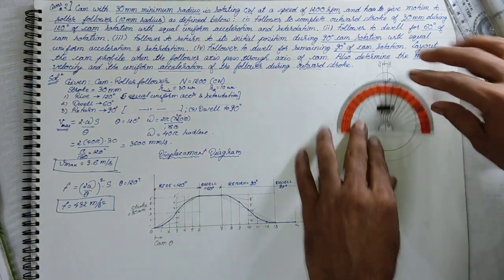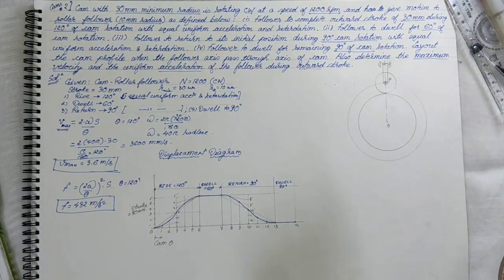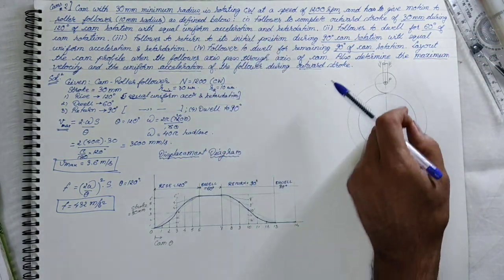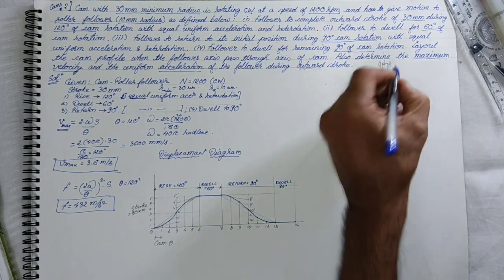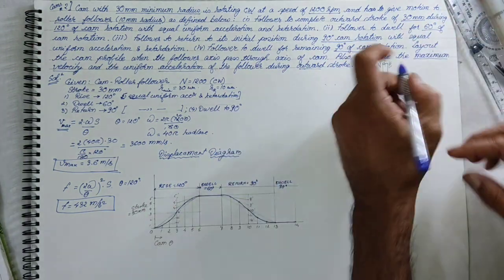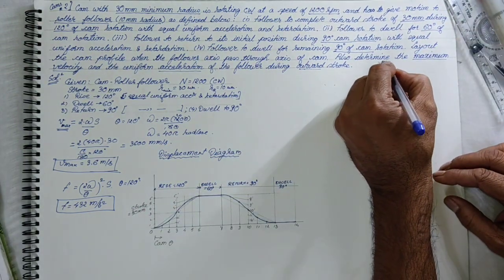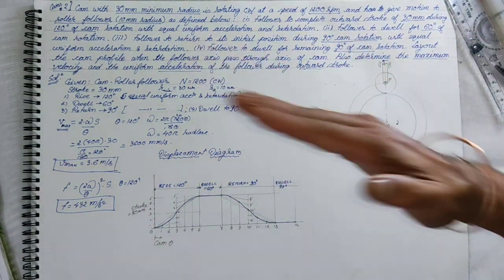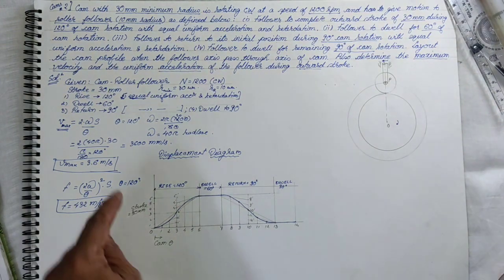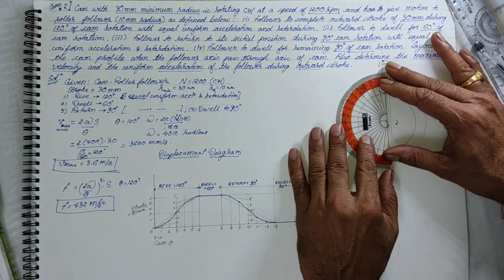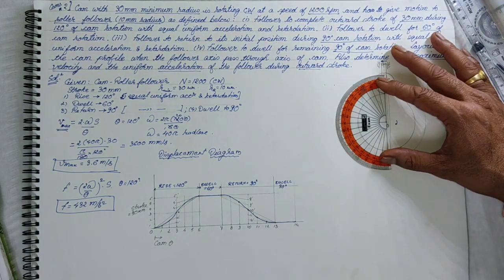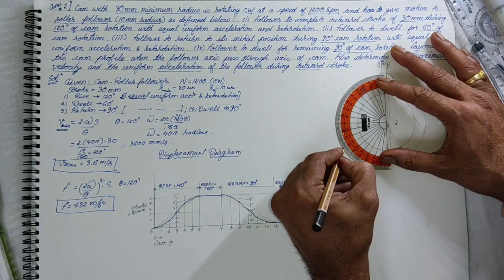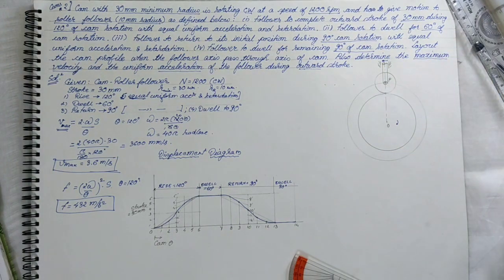So for rise, now rise is given, again the cam is rotating clockwise. So if the cam is rotating clockwise, that means relatively the follower is turning counterclockwise. So we will be moving the line of action in the counterclockwise direction. So rise is of 120 degrees. So we mark first 120 degrees.